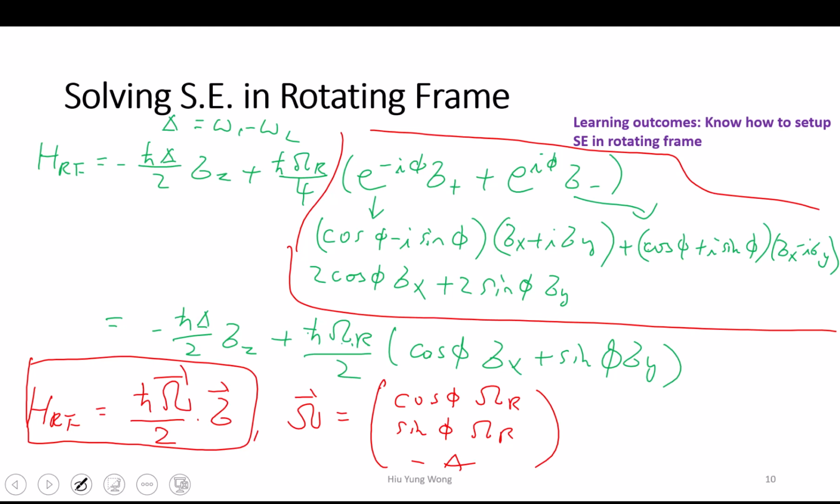Remember what the Hamiltonian is when you have the magnetic field pointing in the z direction? That Hamiltonian is equal to h bar divided by 2 omega L sigma z. Correct? This is just a generalization. We map this to here.